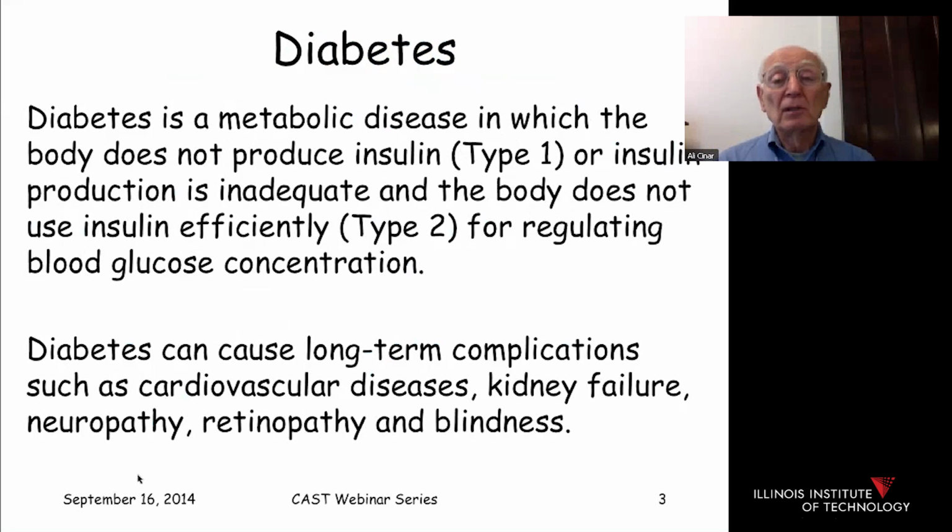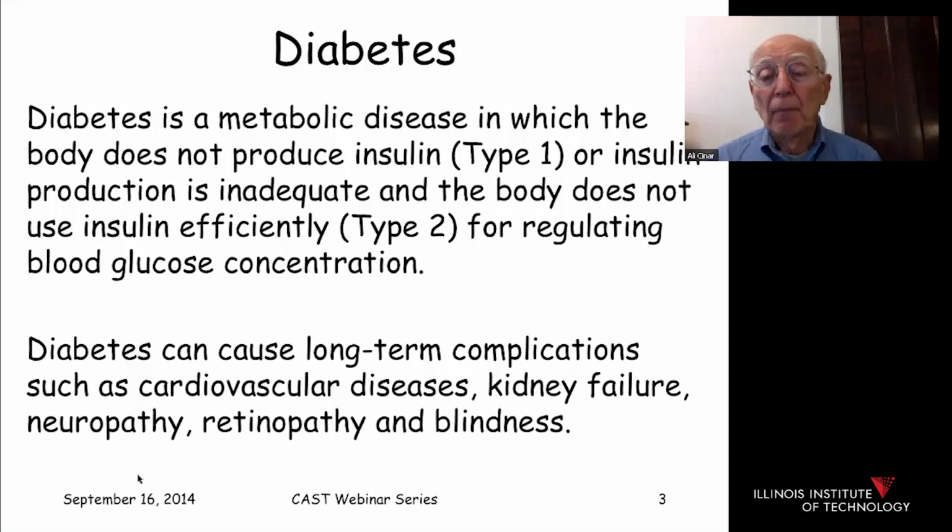So diabetes is a metabolic disease in which the body either does not produce insulin, and that's type 1 diabetes, or the insulin production is at an inadequate level, and use of the insulin produced is not efficient, and that is type 2 diabetes. And type 2 over the years can also progress into type 1.